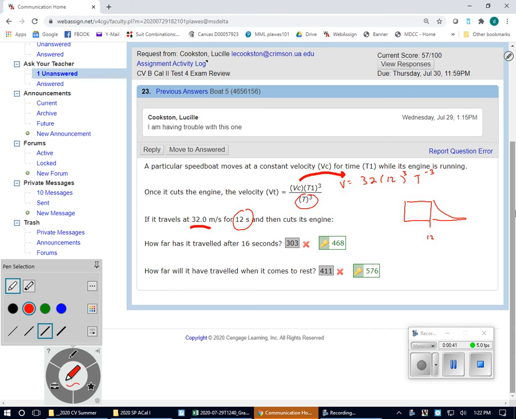So the distance it travels in this box is 32 times 12. And the distance it travels over here is the integral from 12 to some number k of whatever that huge number is, t to the negative 3.